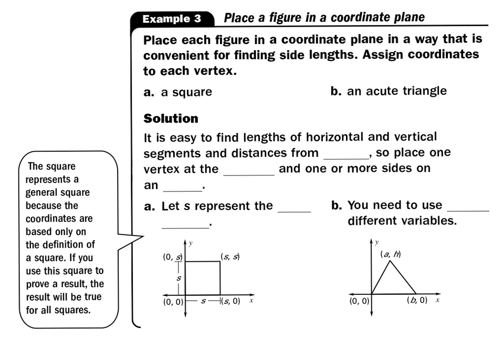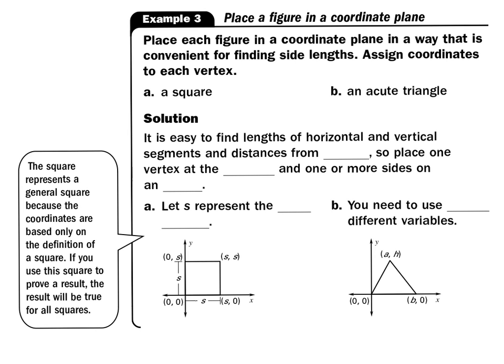So let's look at this example. Place each figure in a coordinate plane in a way that's convenient for finding side length. Like I mentioned, line up one of the sides with the x or y axis. Then assign coordinates to each vertex. First, we want to do a square.